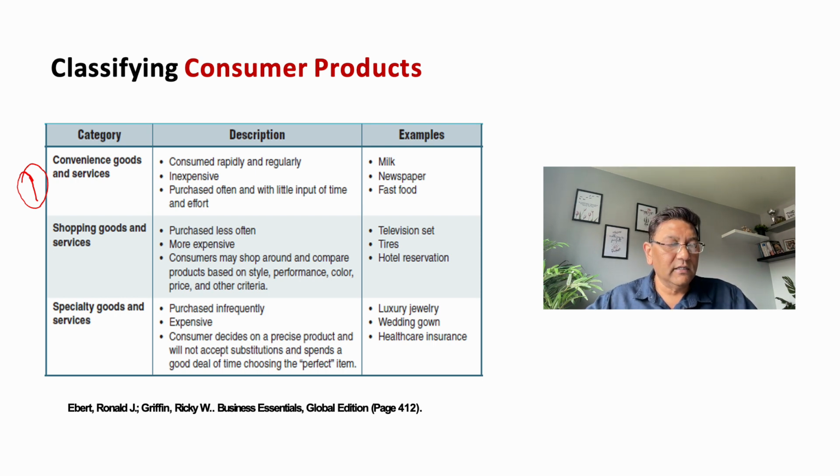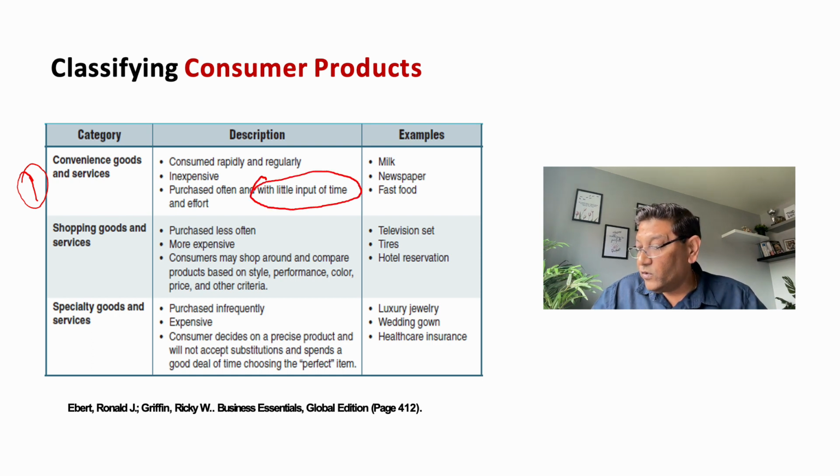Milk, salt, pepper, newspapers, any fast food from McDonald's or KFC or anything, that is being purchased often. Like we normally buy milk almost every day or twice a week or thrice a week. It is purchased very often, and it has little input of time and effort.